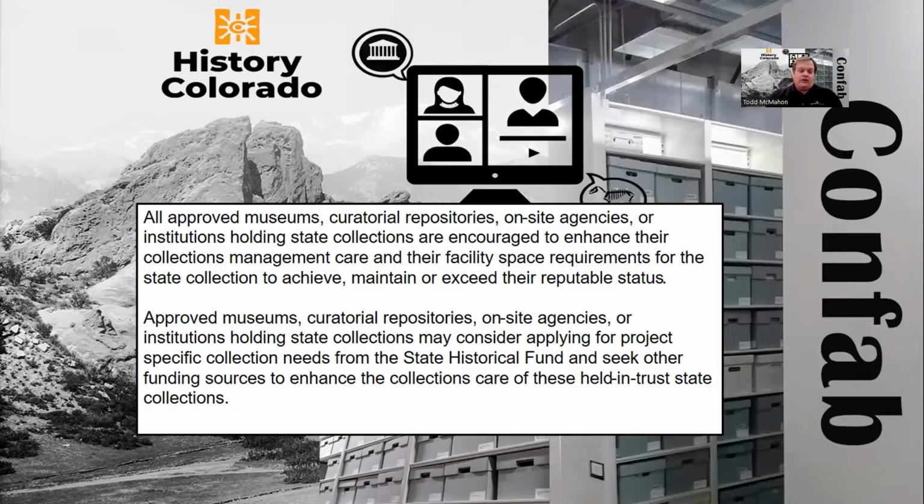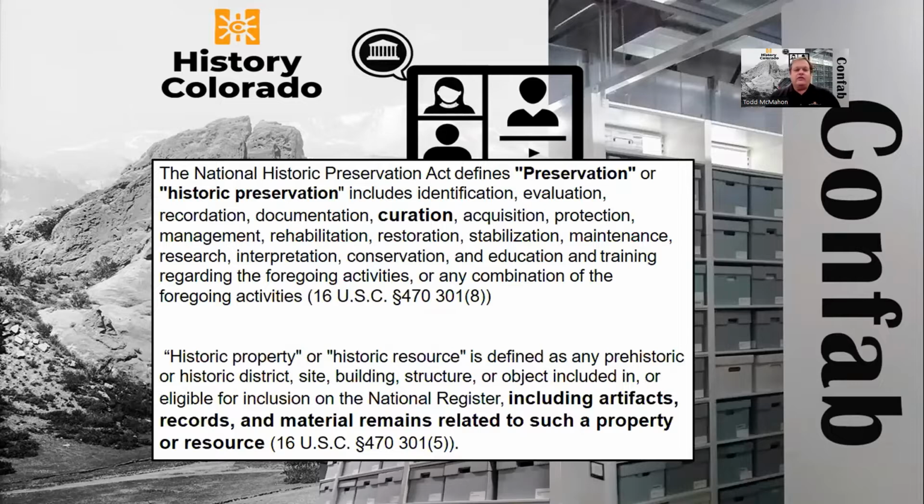As always with any of these funding sources, we have to demonstrate public benefit. It's also important to keep in mind that the National Historic Preservation Act defines preservation to include curation, and that historic properties are also defined to include artifacts, records, and material cultures.